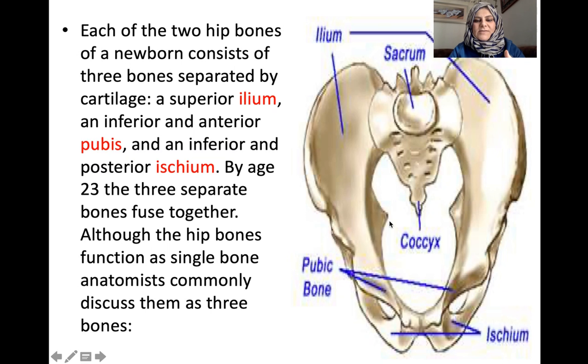These two ligaments will convert the greater sciatic notch and the lesser sciatic notch beneath it into the greater and lesser sciatic foramina.